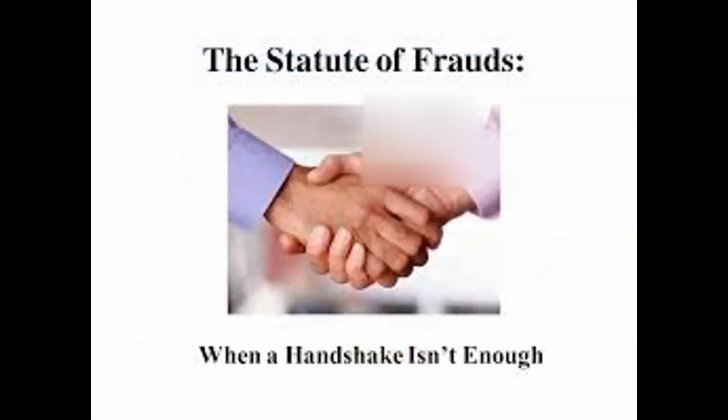This is kind of a neat thing. A lot of times in the business world, we think about your handshake. The implication is you can trust me. You have my handshake on it. I'm not going to back out of it. The statute of frauds says, well, a handshake isn't enough when you have to have a writing. The vast majority of the time, it's perfectly fine.